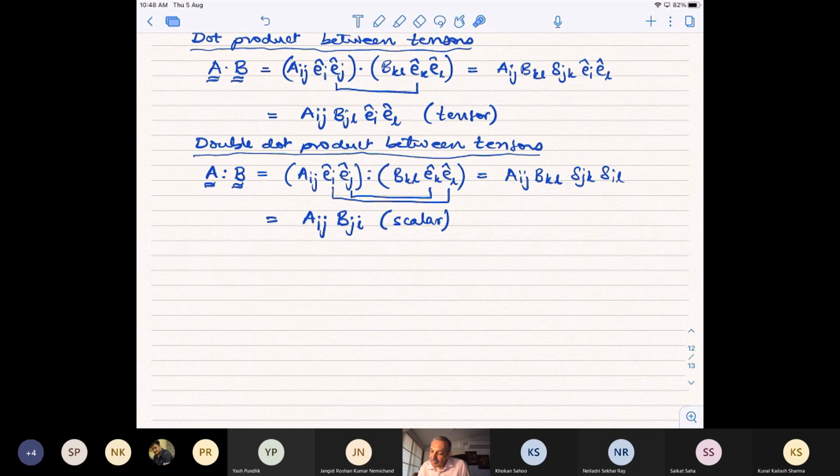Summation over I because I is repeated, summation over j because j is repeated, and summation over L because L is repeated. So there are three summation signs which I'm not writing down. We are following the summation convention. So anytime an index is repeated, let's say for example j is repeated, that means this is actually a summation over j going from 1 to 3. Similarly, summation over I going from 1 to 3.